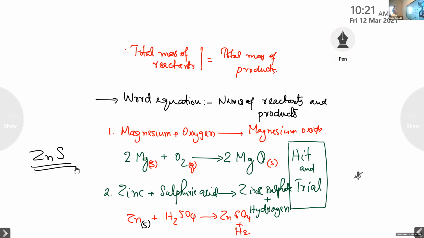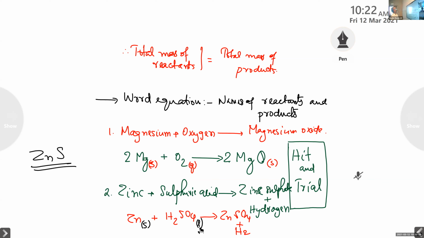Don't create confusion. Not only that, we are writing the state symbols within brackets also. In ZnS, zinc sulfide, we are not using brackets, but here we have to use the brackets. All right. So zinc in the solid state. Then dilute sulfuric acid, which is in the liquid state, so that is an L suffix, liquid state.